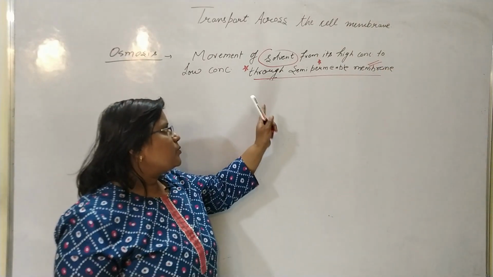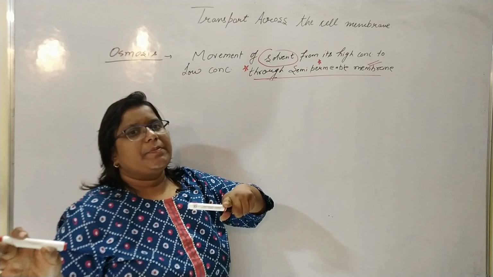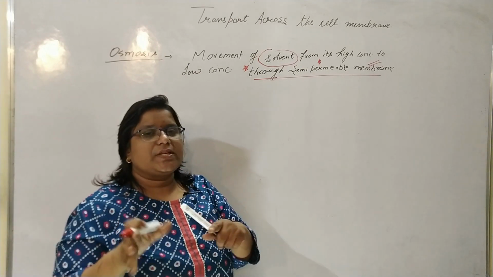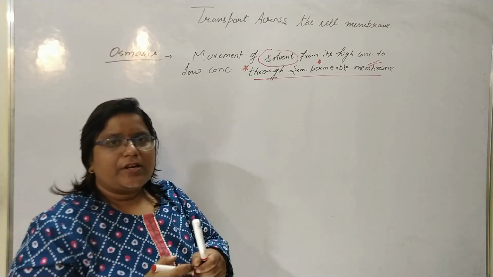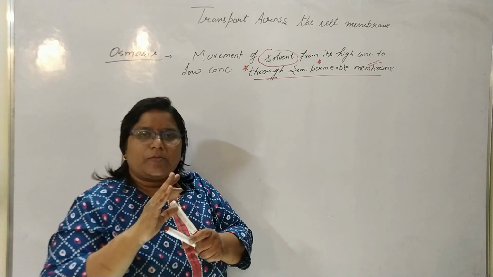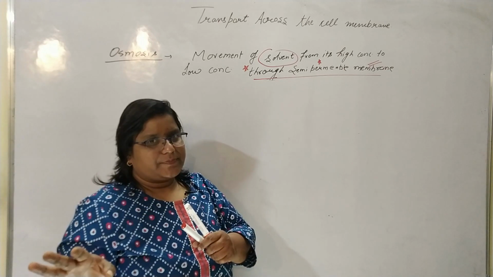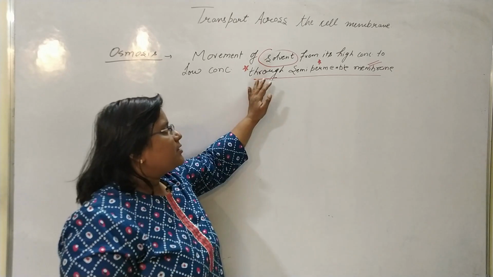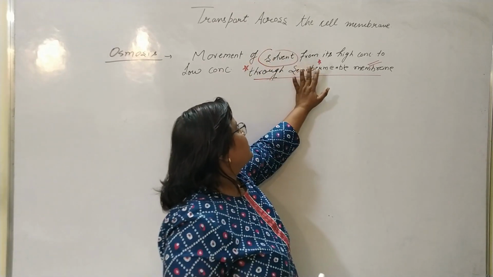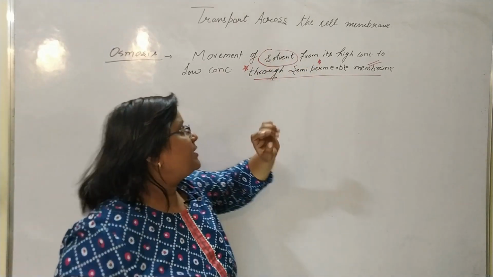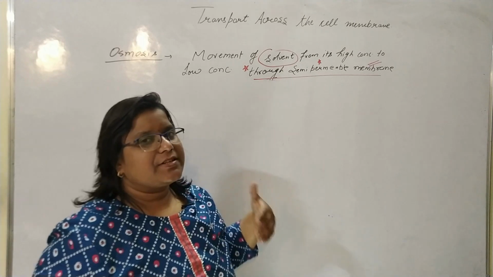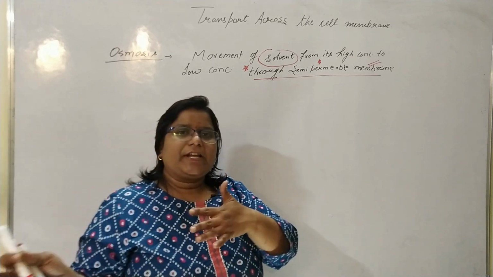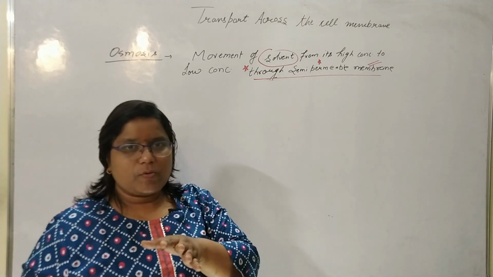If you are not using this line, through the semi-permeable membrane, in your definition, then automatically the examiner will cut your marks, because if you only write the movement of the solvent from its high concentration to low concentration, it will be similar to diffusion.